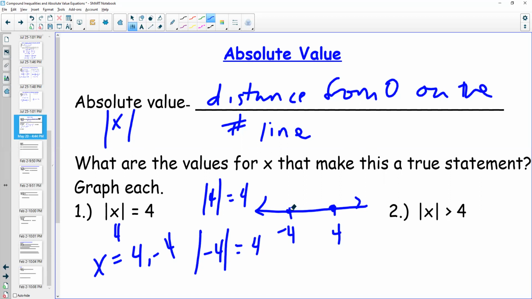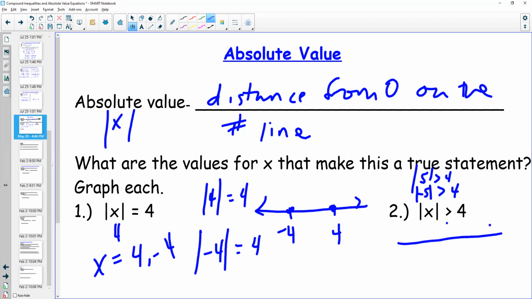For the next one, absolute value of x is greater than 4. We have to think about the numbers that we would get there. So like if I put in a 5, 5 would be greater than 4, right? So if I took the absolute value of 5, I'd still get 5. But if I took the absolute value of negative 5, that would also work.